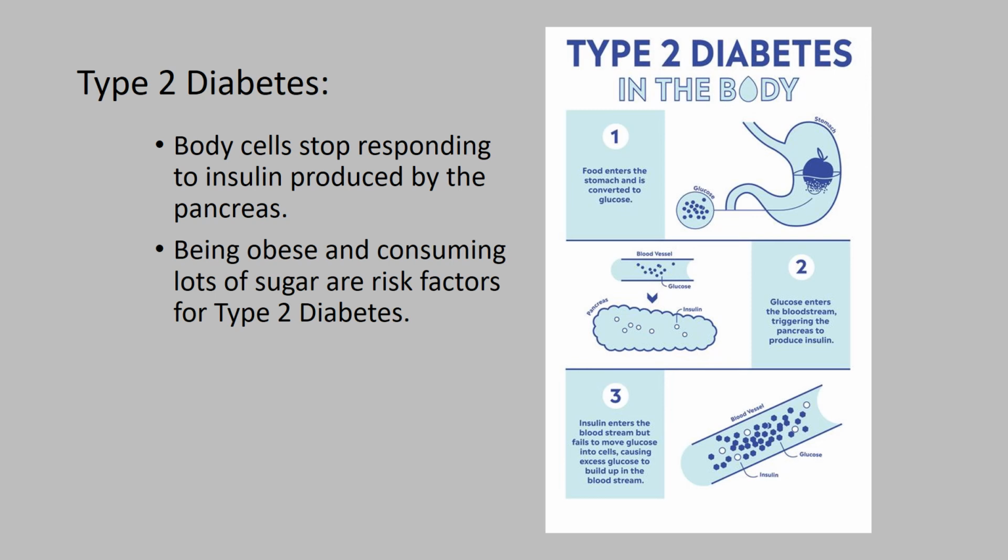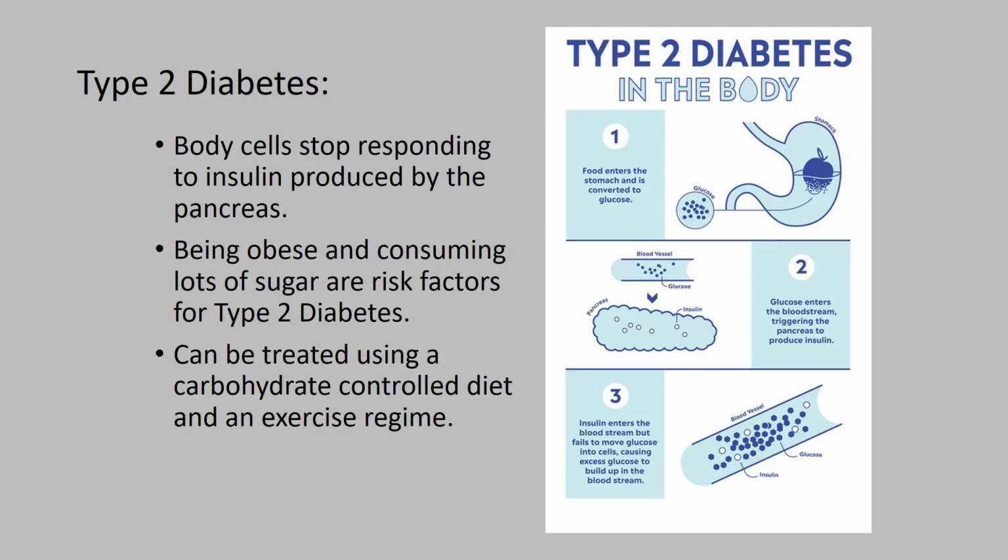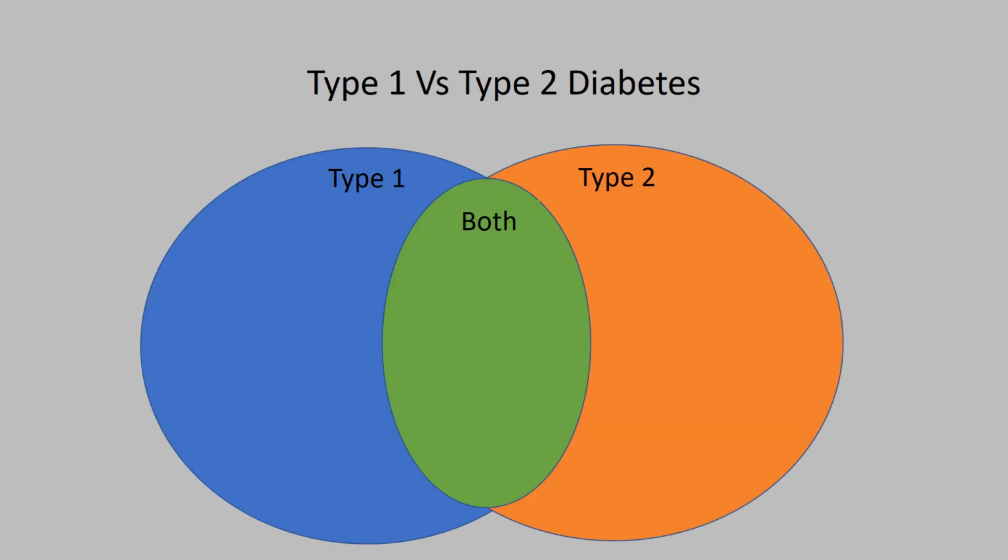And what that means is that again, you can't control your blood glucose level, so it goes up, and so we have all of those problems. You don't really inject with insulin here, that you can do, but the big thing is about controlling your diet, so making sure you don't have as many carbohydrates, not consuming as much sugar, and making sure that you exercise a lot.